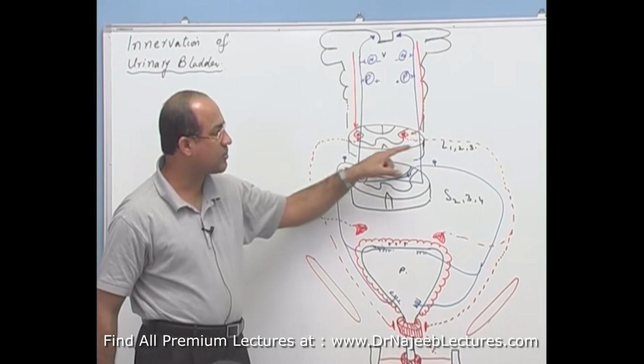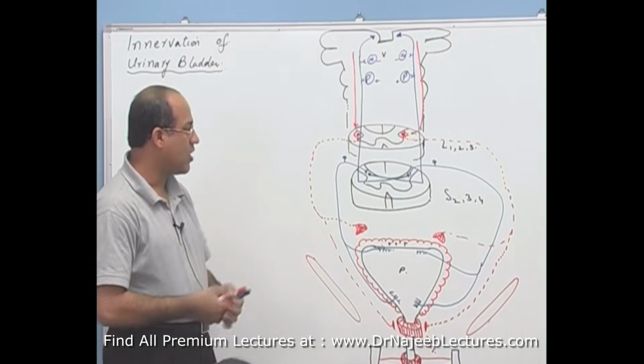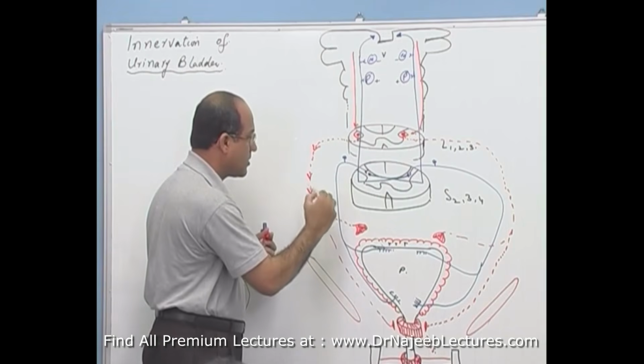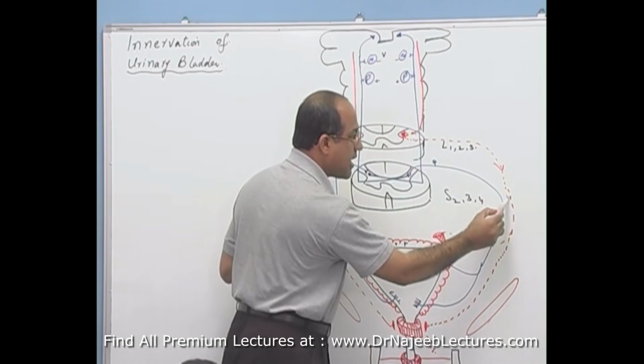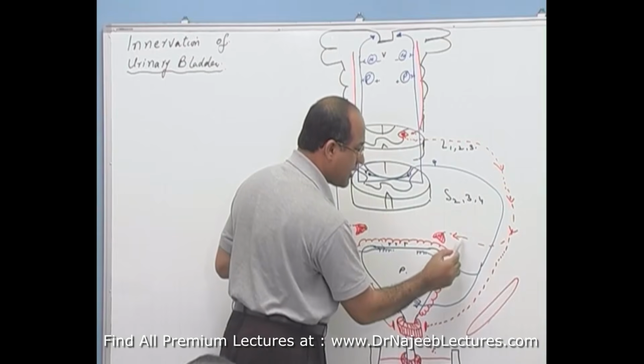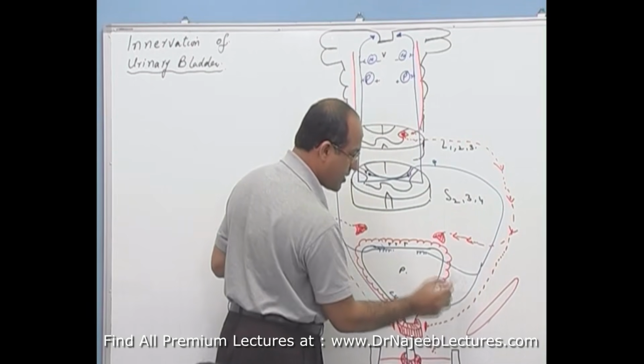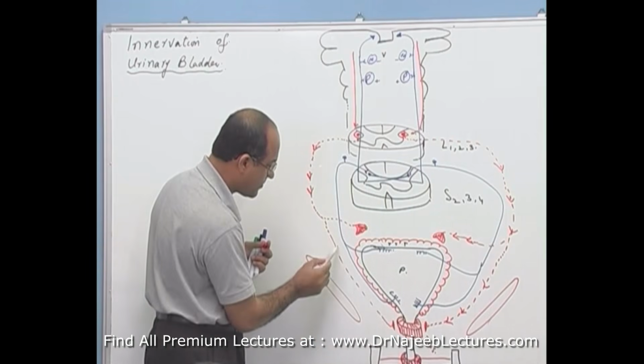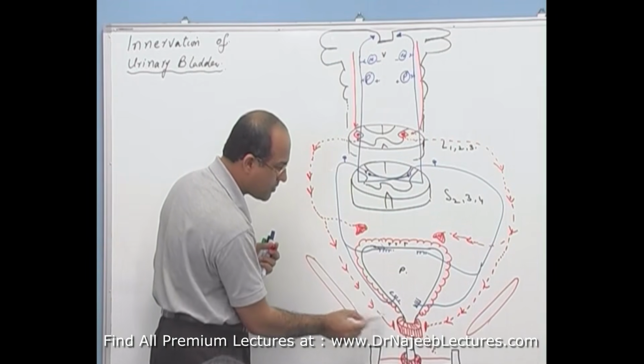For this purpose, sympathetic outflow is increased. When this sympathetic outflow is increased, what really happens? Epinephrine, norepinephrine is released at where? In the detrusor, and norepinephrine is released at, yes please, what is the sphincter?